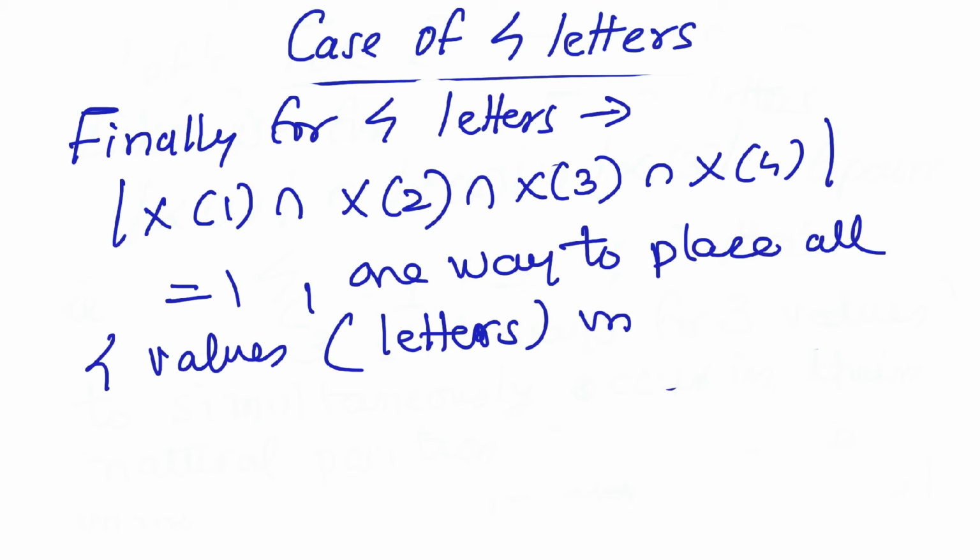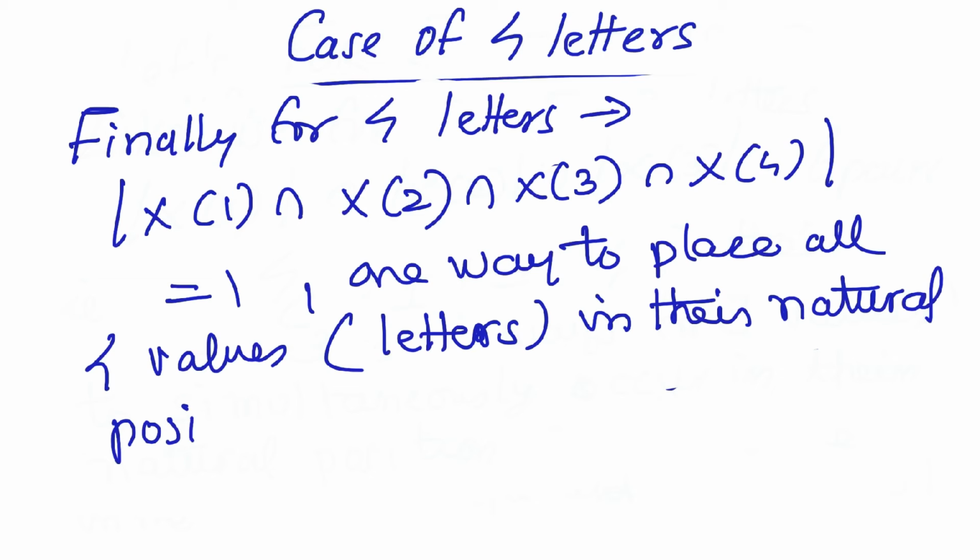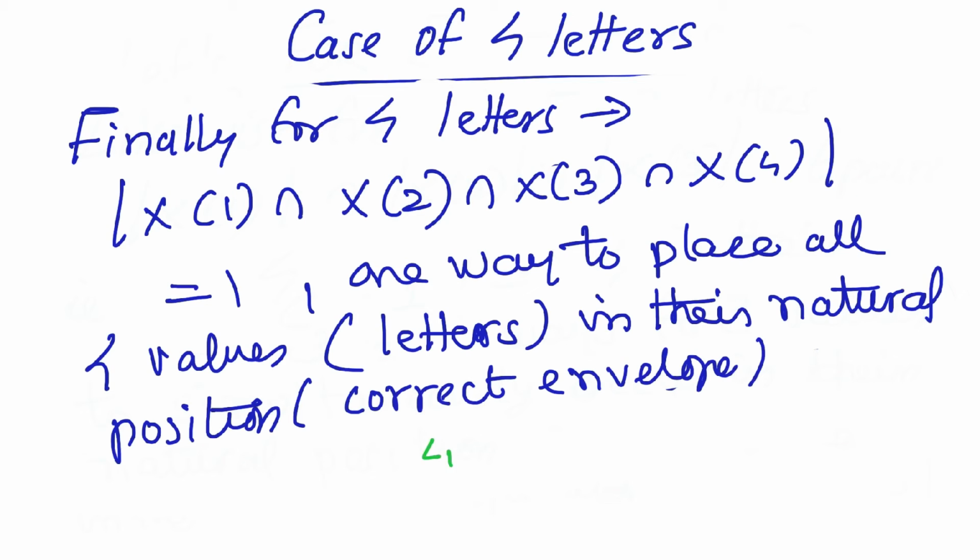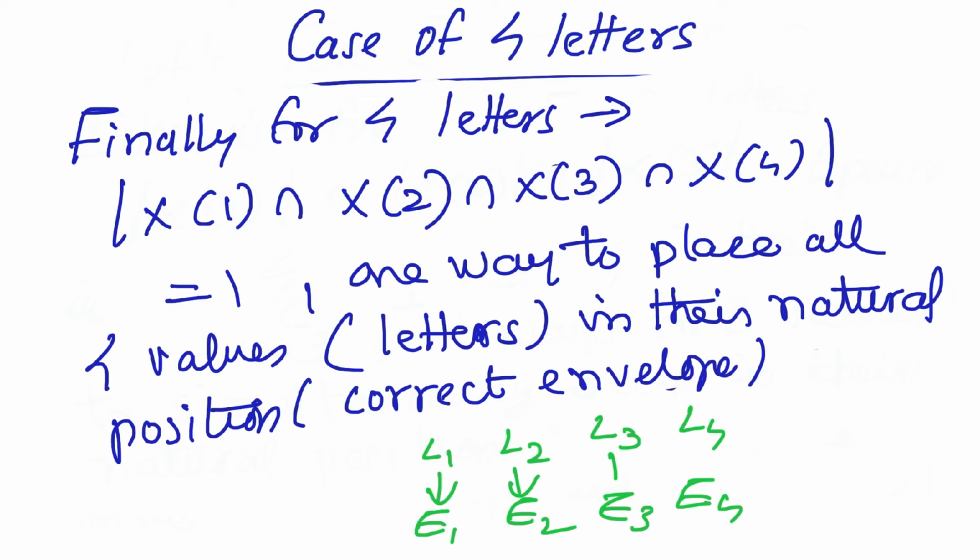So only one way to place all the 4 letters in their respective envelopes, meaning the corresponding right placements. That is for letters L1, L2, L3, L4, and the corresponding envelopes E1, E2, E3, E4, we can easily see that there's only one way it can be rightly placed.